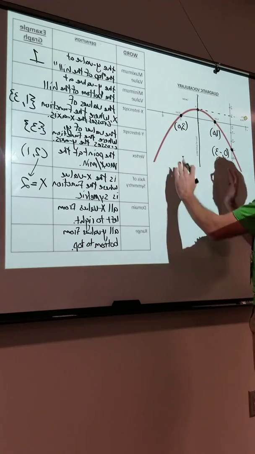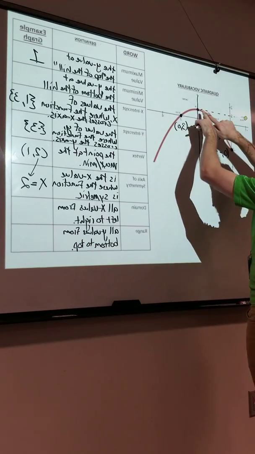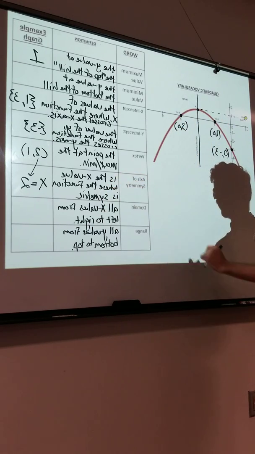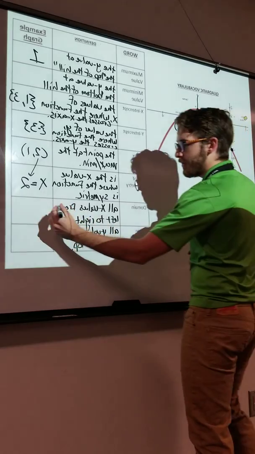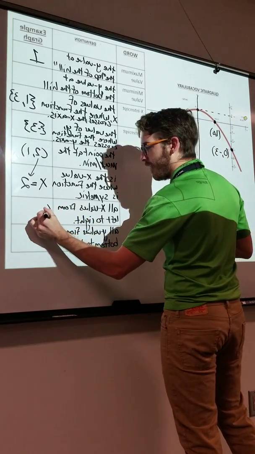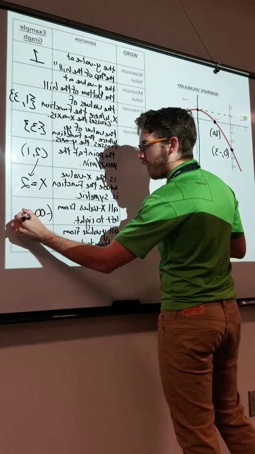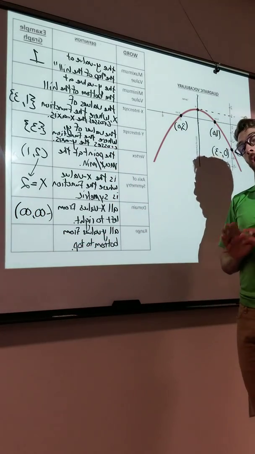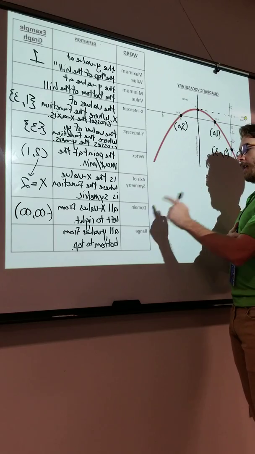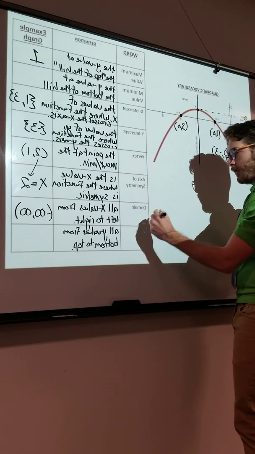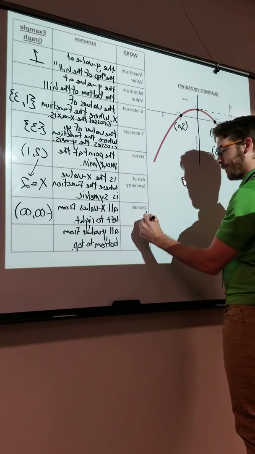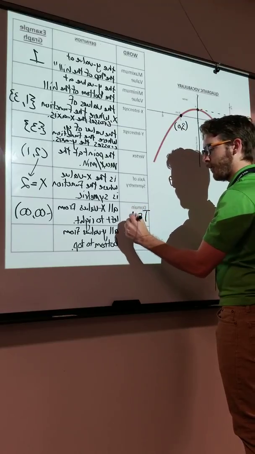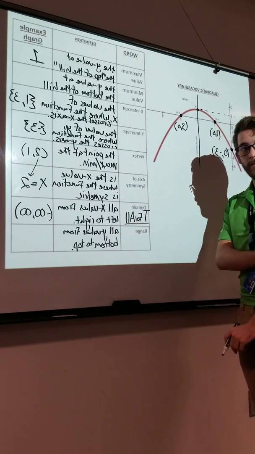And so if I'm looking at this function, the x values are going to continue to go and go and go in both directions forever. And so my domain is negative infinity, comma, positive infinity. And this is true for all quadratic functions. So just here I'm going to put true for all. True for all. Okay?